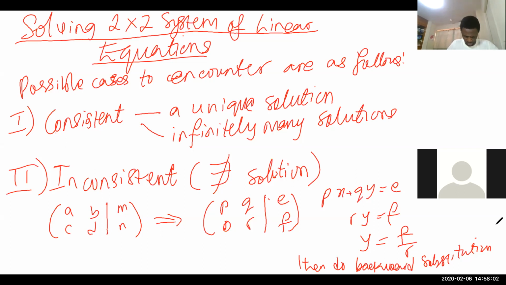So there are possibilities. Possible forms of cases in row operation.